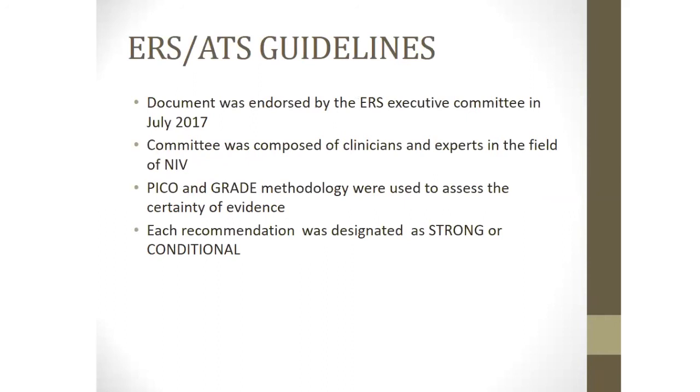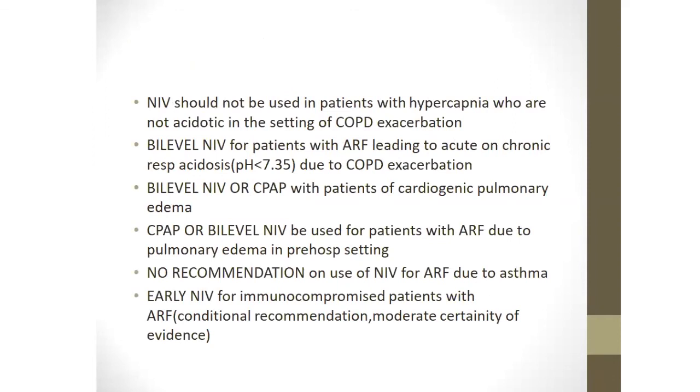Next slide, please. The guidelines are the recommendations by the European Respiratory Society and American Thoracic Society for NIV, and these are strong recommendations. NIV should not be used in patients with hypercapnia who are not acidotic, the chronic COPD patients who have a normal pH with high CO2.